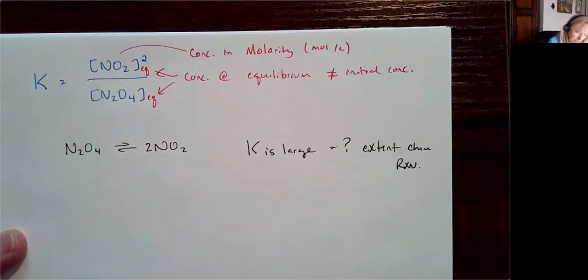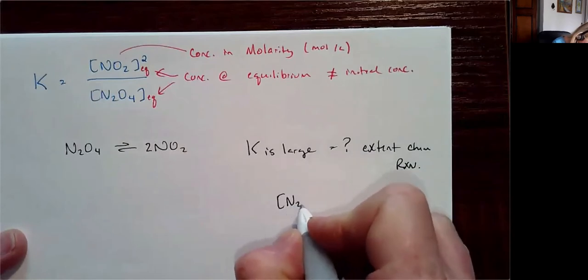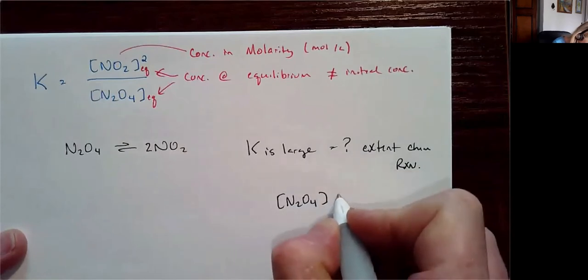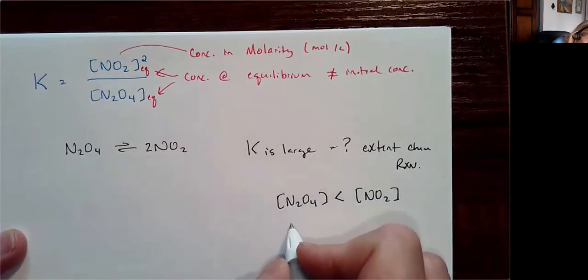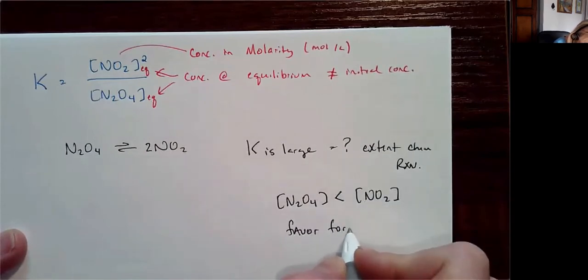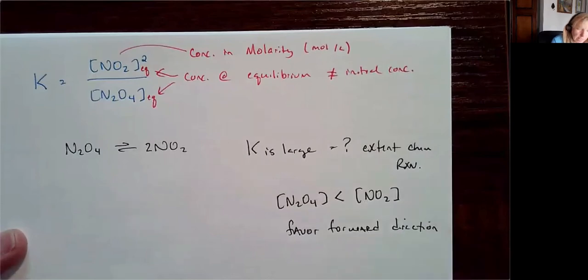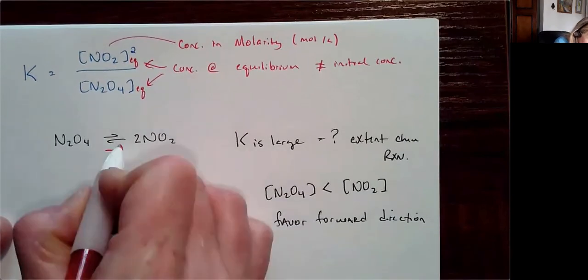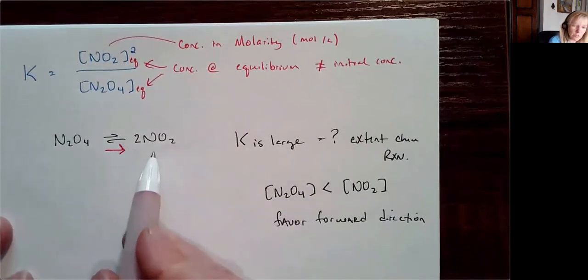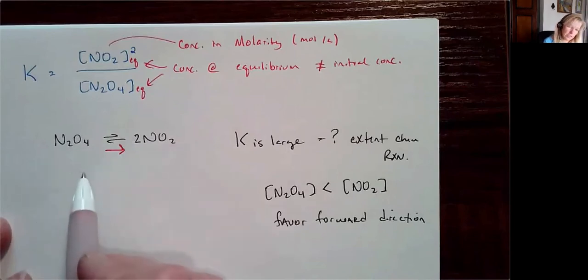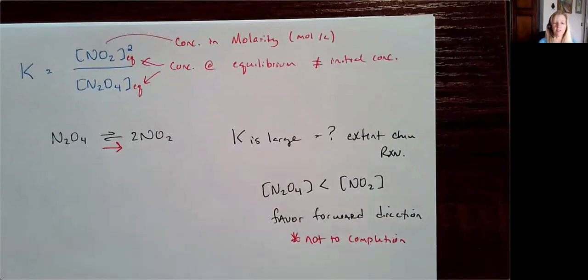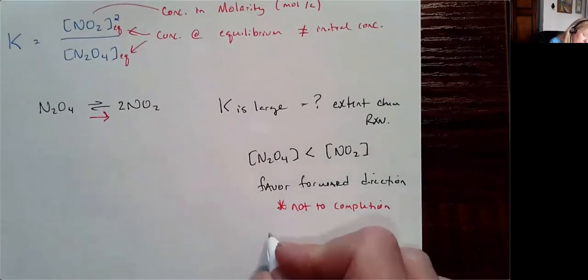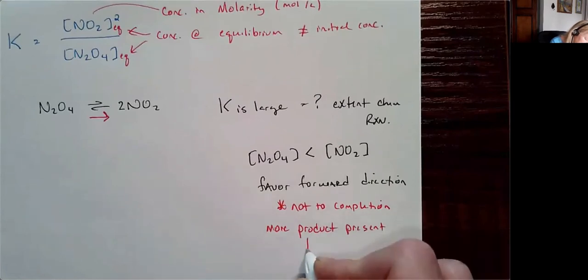So N2O4 is going to be much lower than NO2, and it's going to favor the forward direction, meaning as it's written. So I'm going to favor this direction, meaning that the majority of my reactants have gone to product, but not all of it. So it hasn't gone to completion, but rather it's favoring that forward direction. So there'll be more product present than reactant.